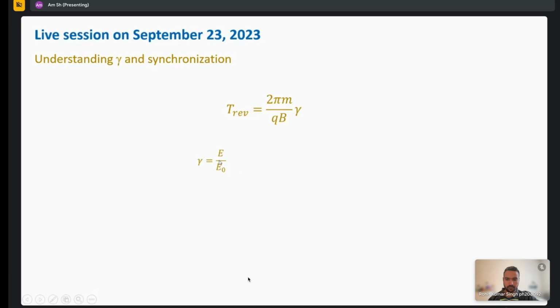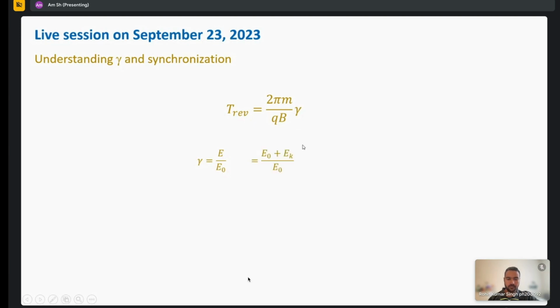For 1 GeV kinetic energy of a proton, the gamma is just 2, and in the case of a 1 GeV electron, gamma is 2000. So this makes a hell of a difference between the revolution time for the proton and for the electron in the given magnetic field B.